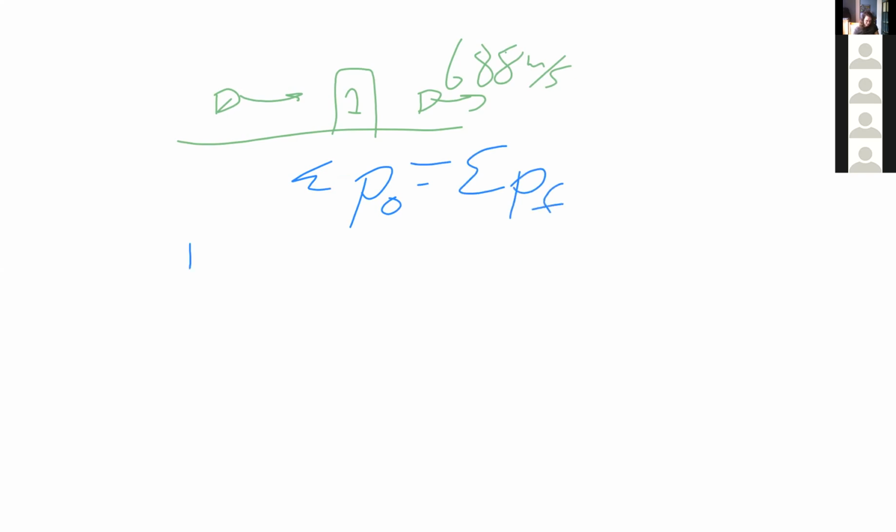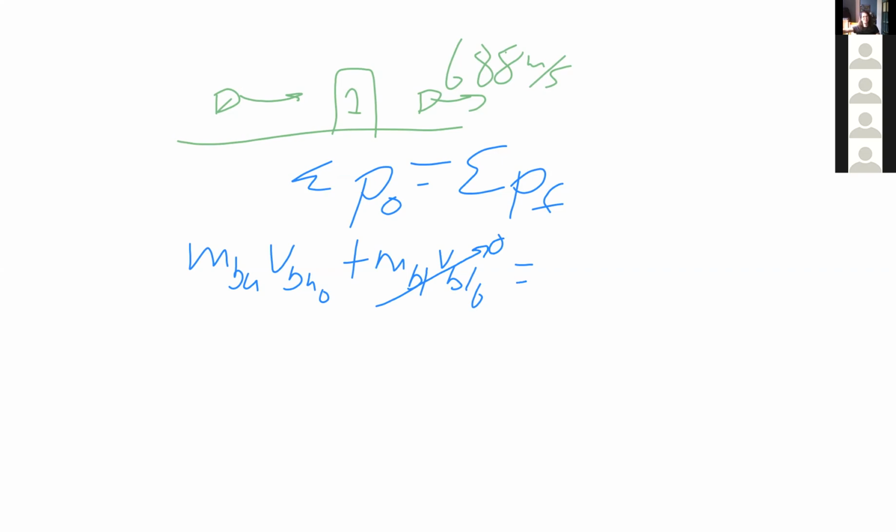Initially, we have the mass of the bullet times the velocity of the bullet initial. Again, we have the mass of the block times the velocity of the block. This block is at rest, so you can write it out if you'd like, but this is going to be 0 because the block starts at rest. Now, for the final momentums, in this case, the bullet does not become embedded in the block.